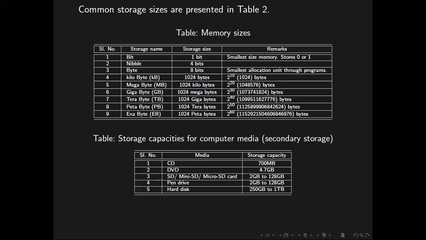Therefore, we combine 1024 bytes and call it kilobyte, 1024 kilobytes and call it megabyte, 1024 megabytes and call it gigabyte, 1024 gigabytes a terabyte, 1024 terabytes a petabyte. Then 1024 petabytes we combine into an exabyte.